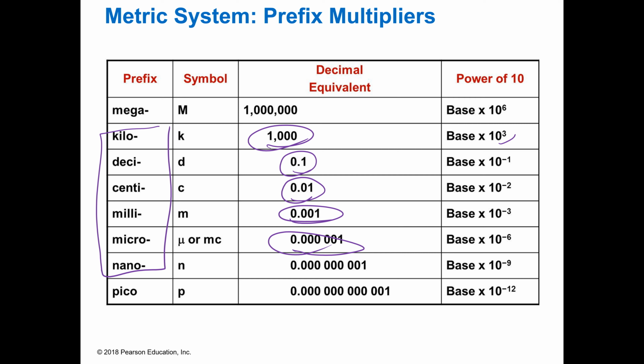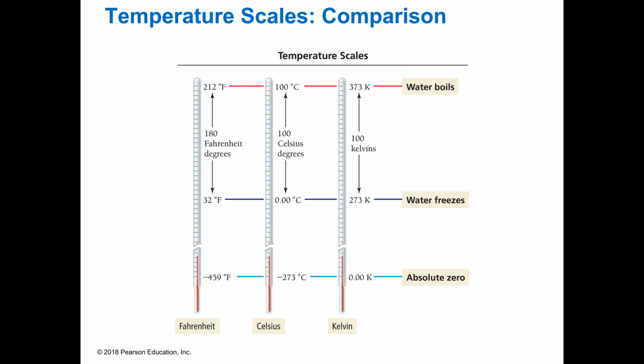You can also look at them as 10 to the third for kilo, 10 to the minus 1, 10 to the minus 2 if you're looking at scientific notation. Nano, we don't use a whole lot in chemistry, but a nano is a billionth, so 10 to the minus 9. These work no matter what your base unit is. You could have a kilogram or a kilometer. You still use those same prefixes.